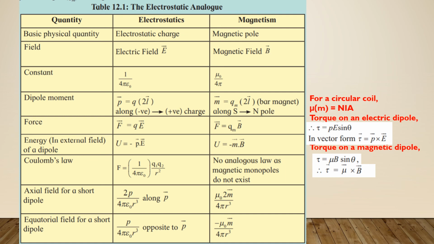Here, if we take into consideration the analogy of a current carrying coil with a magnetic dipole, then as we know, the magnetic dipole moment associated with a current carrying coil is given by M is equal to NIA. Then we can say that torque is equal to NIA B sin theta.